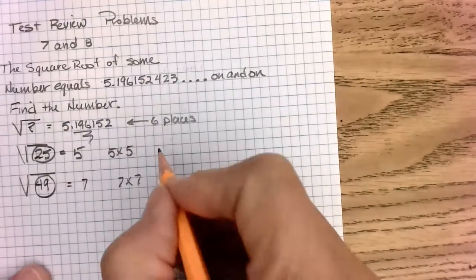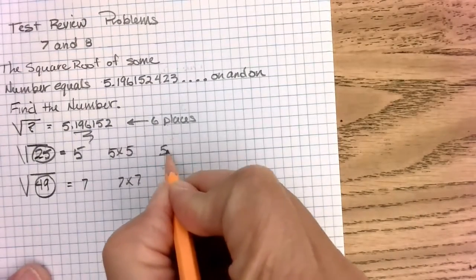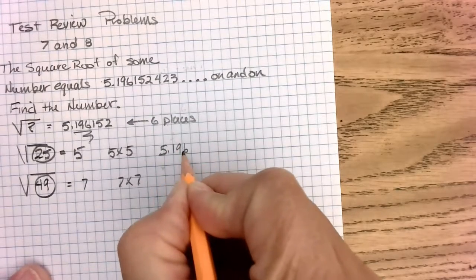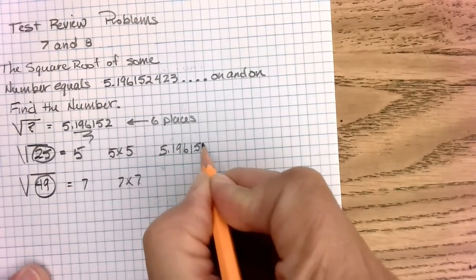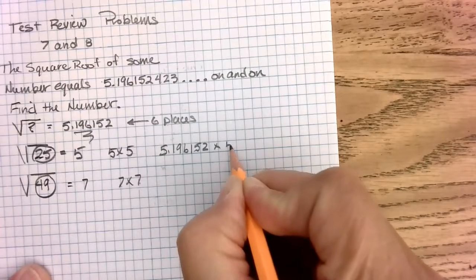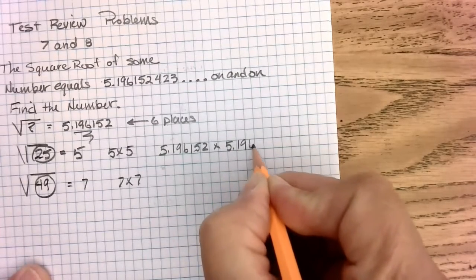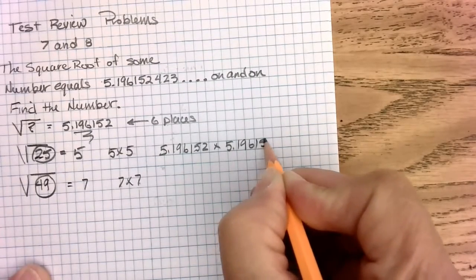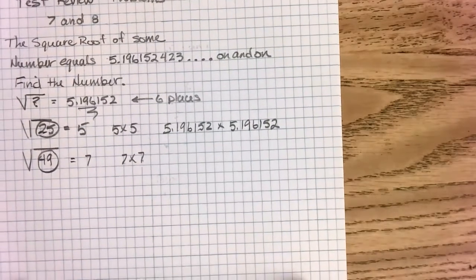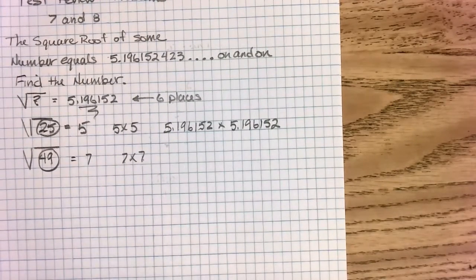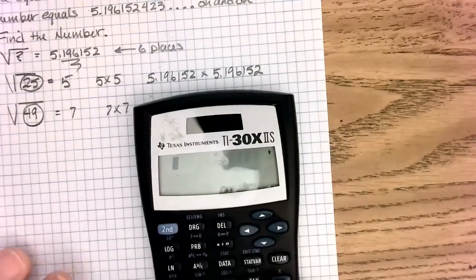So in your calculator, you simply take 5.196152 times 5.196152. I know my calculator is different from yours, but that's okay.